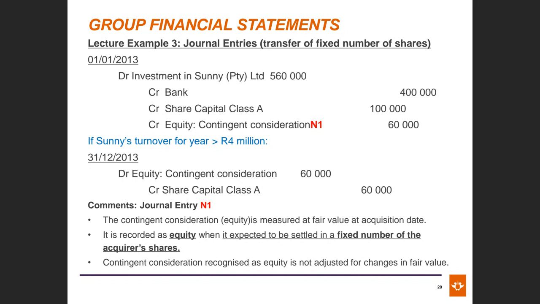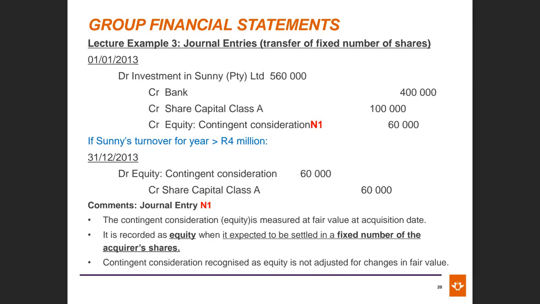You'll see here that the contingent consideration or the equity in the original journal entries on acquisition date, this is measured at fair value at acquisition date. So it is recorded as equity when it is expected to be settled in a fixed number of the acquirer's shares. So contingent consideration recognized as equity is not adjusted for any changes in fair value.